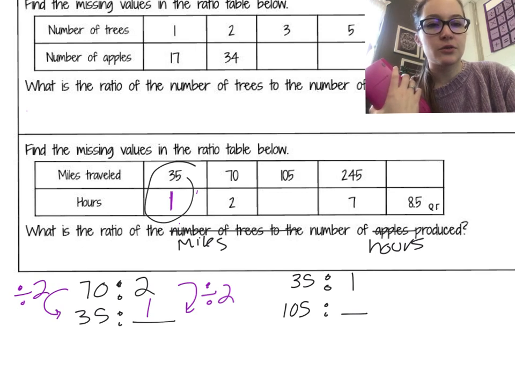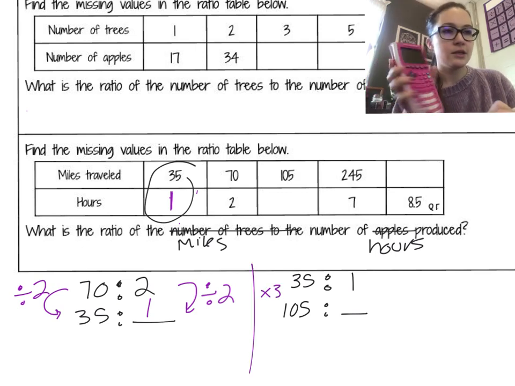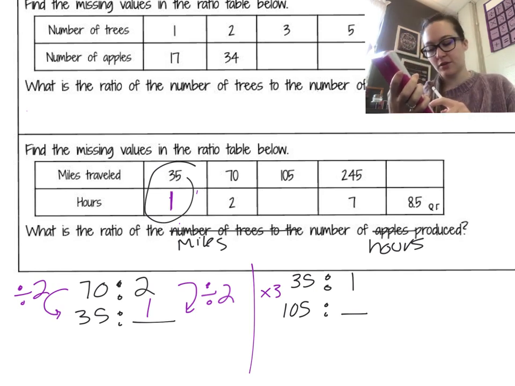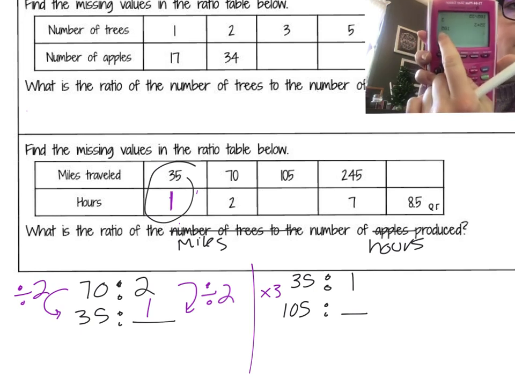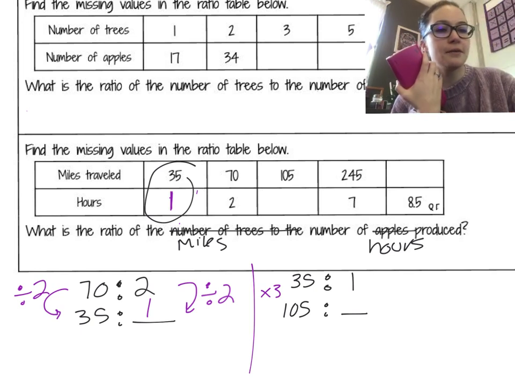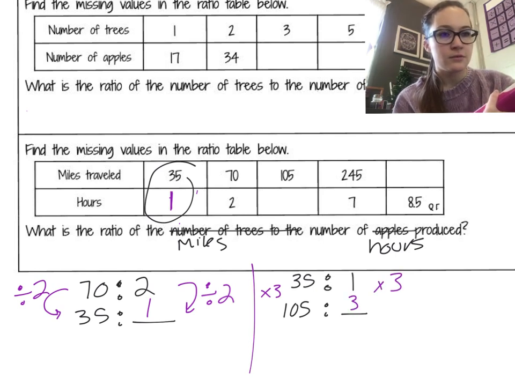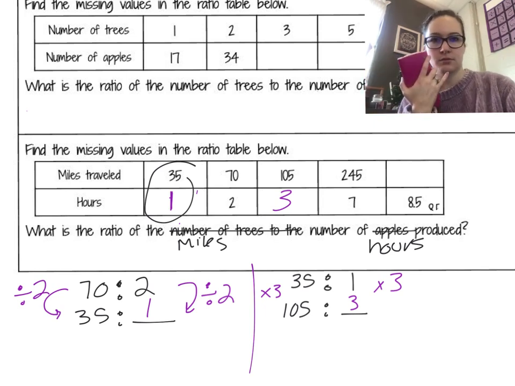So that means that 35 times 3 is 105. And I'm going to double check that. 35 times 3, I got 105. It's backwards, but you can see it. So that means I need to take the other side times 3. So you can go 105 miles in 3 hours.